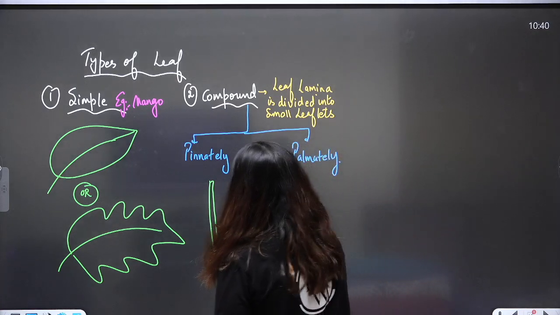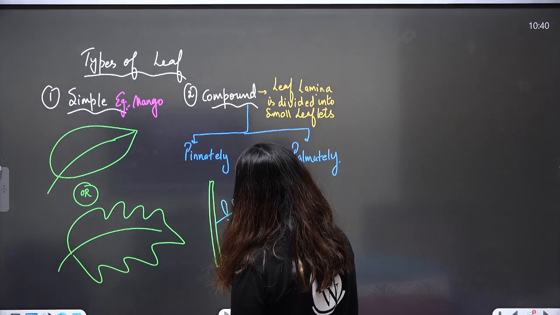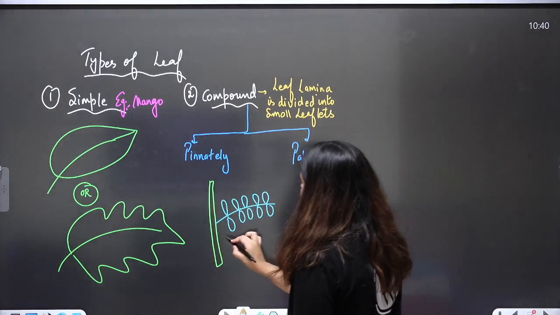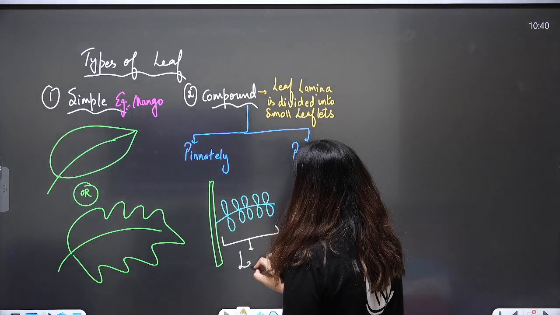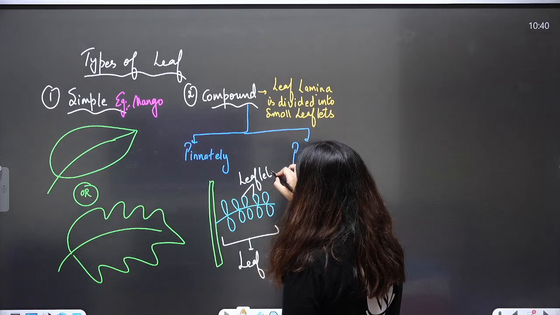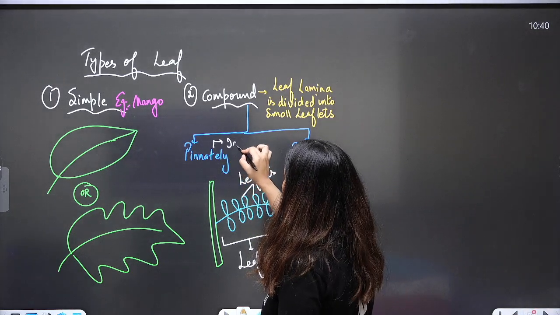And this is the leaf, and these are leaflets. So this is the whole leaf. These are leaflets, right? And this you can find in neem plant.